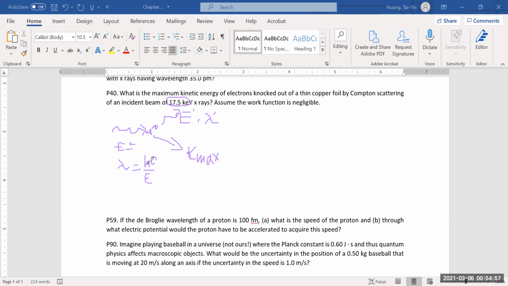So in this case, you can use the Planck constant in the eV·s unit, and because your energy is given in eV, they cancel, so everything is consistent. Let me write it down here.